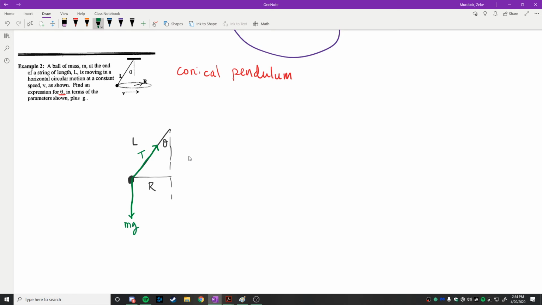Okay, what else? Can you think of any other forces? There could be air friction, like drag, but we're not going to worry about that. Other forces that you can think about?